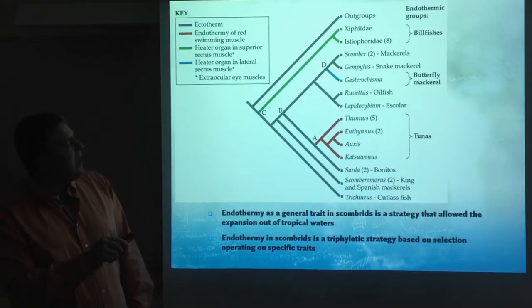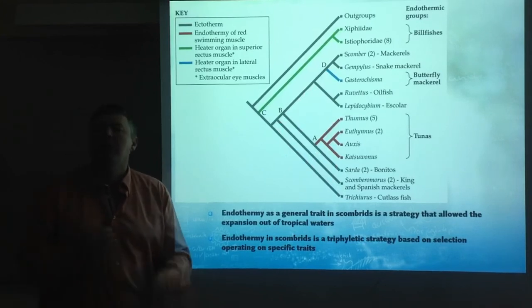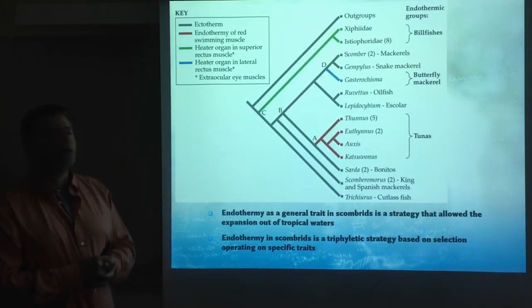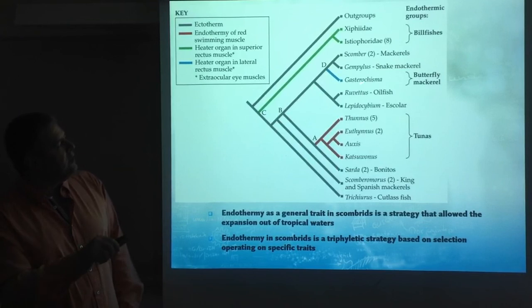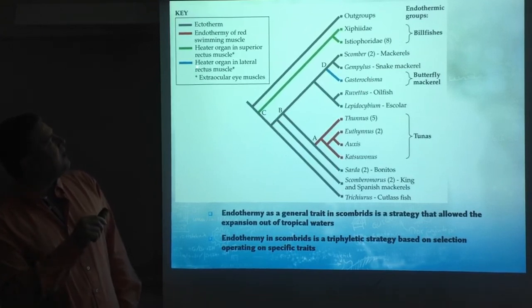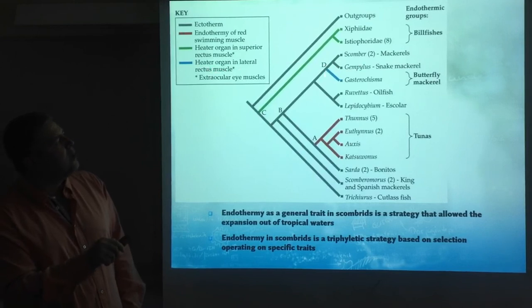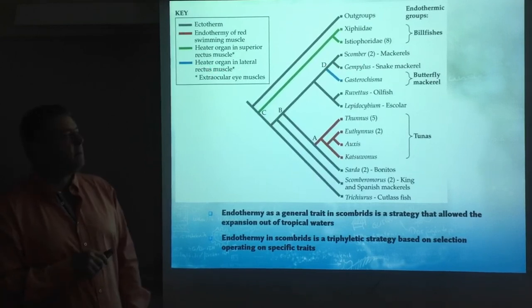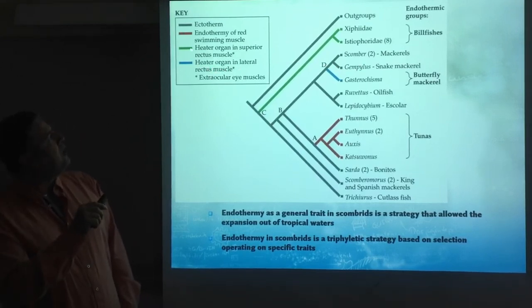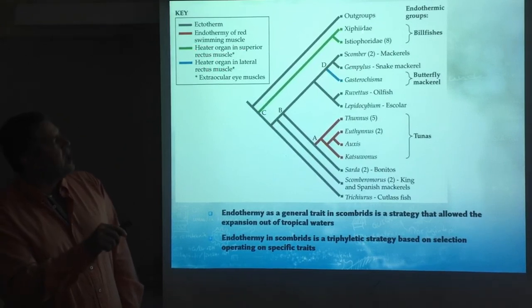All other gray lines are actually ectotherms, that means animals that do not show regional endothermy. Notice that in one species here, you have a heater organ in lateral rectus muscle. So basically, this is a heating organ in the muscles in the eye. And then in the green ones, you have another muscle in the eye that actually belongs to the billfishes.